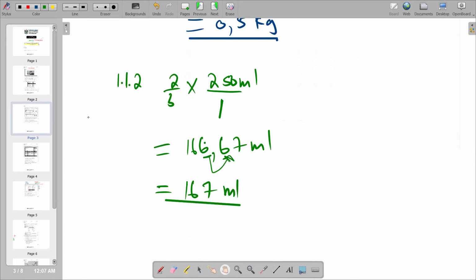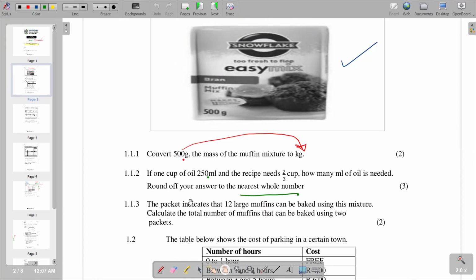Then we move on to the next question, which is now 1.1.3. The package indicates that 12 large muffins can be baked using this mixture. Calculate the total number of muffins that can be baked using two packets. Basically, we are saying 1 packet can bake 12 large muffins. What about 2 packets? Obviously, we're going to say 2 times 12 so that we get the total number of muffins out of 2 packets.